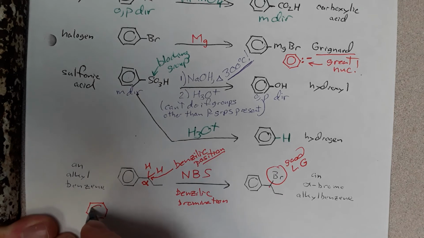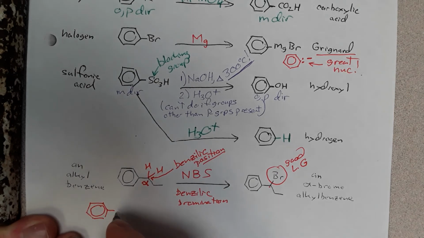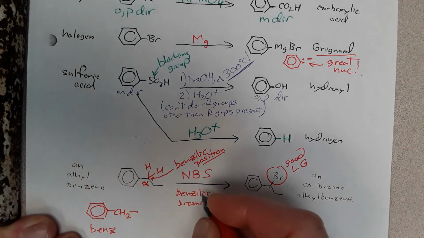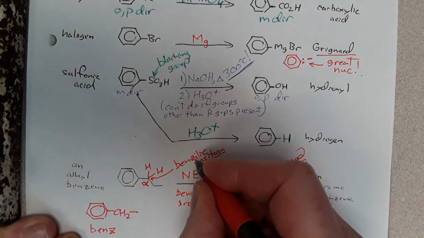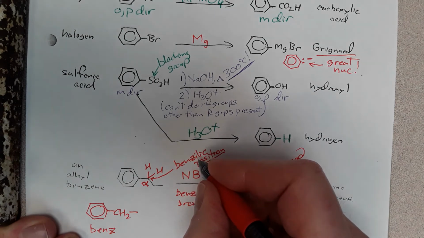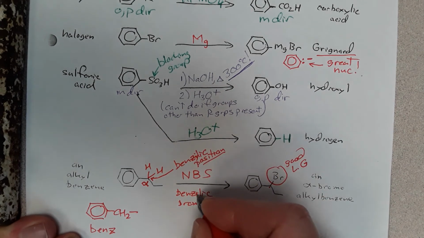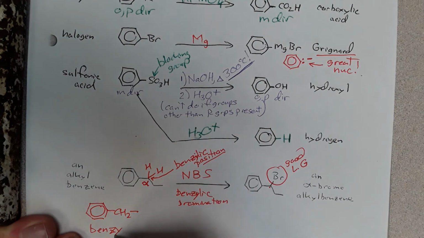And that should ring a bell, because when we learned about naming aromatic compounds, we learned that this was a benzyl group. You know, I misspelled this. It's B-E-N-Z-Y-L, benzylic, because this is a benzyl group.